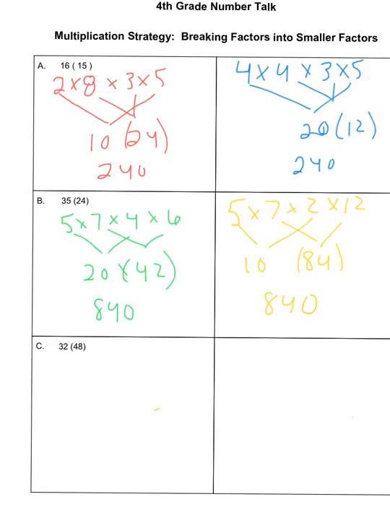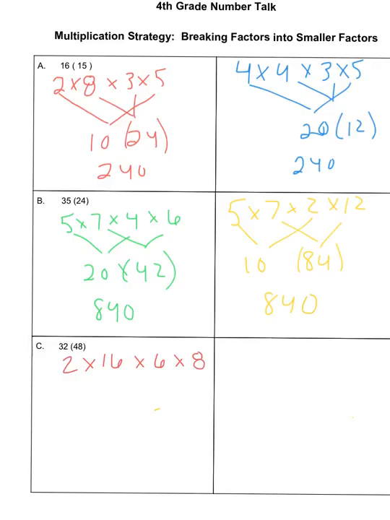So if we think about this, we know 32, sorry about that, I just made an error, I meant to make that a 2. We know 32 is the same as 2 times 16. We know 48 is the same as 6 times 8.